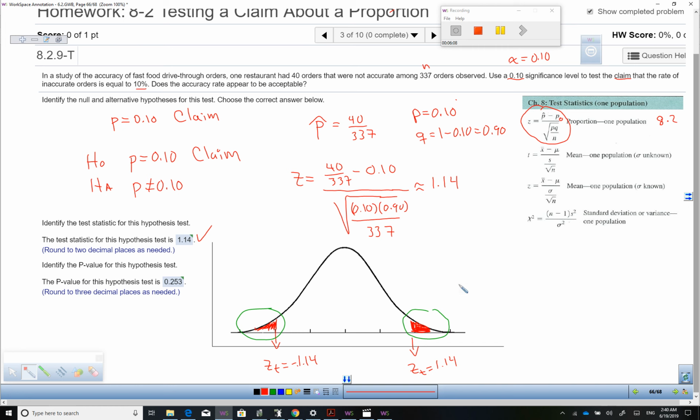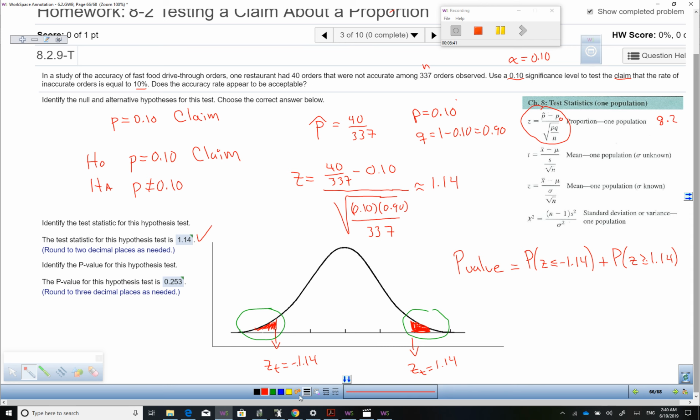So in this particular case, the p-value is the probability of obtaining a score less than negative 1.14 plus the probability of getting a z-score greater than 1.14. That will be the sum of these two areas.